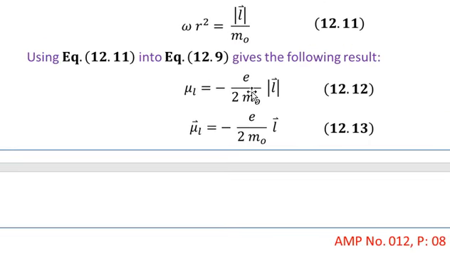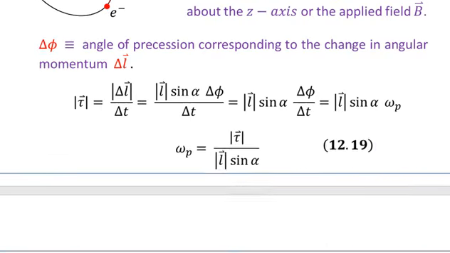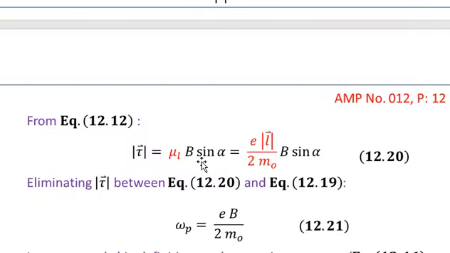You see that here you can take out the value of the magnitude of L from equation number 12, and you can substitute that one over here. So from equation number 12, we have the magnitude of tau equal to mu L times B times sine alpha.